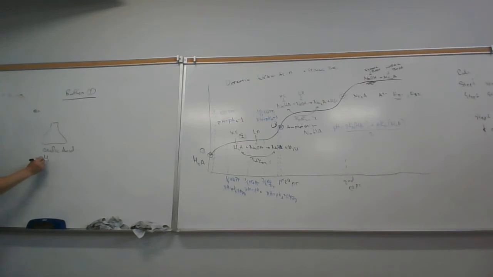Oxalic acid is H2C2O4. Oxalate is C2O4 2-. Oxalic acid is a fairly strong weak acid. And then we're going to titrate this with 0.100 molar sodium hydroxide solution.